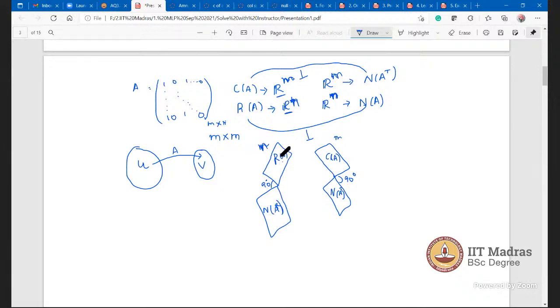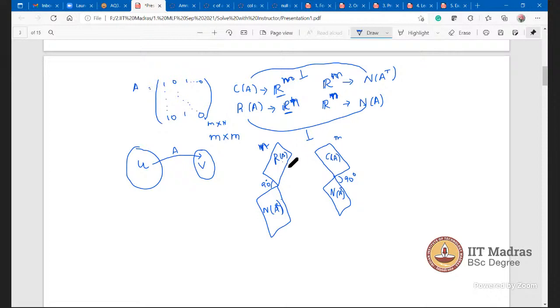So the vectors in R of A are orthogonal to the vectors in N of A. At that time, we call them complements of each other. When you mention them as complement, for every vector in R of A, there is an orthogonal vector in N of A. So then only we call them as orthogonal complement.